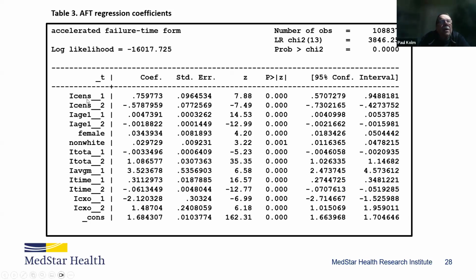And then for each independent variable in the model, we have regression coefficients for each of the powers. And so those are listed here. And then you can see that female and non-white, because they're dichotomous, have only one coefficient.